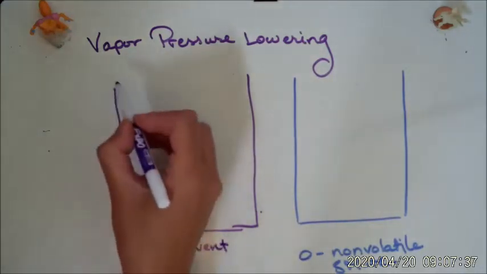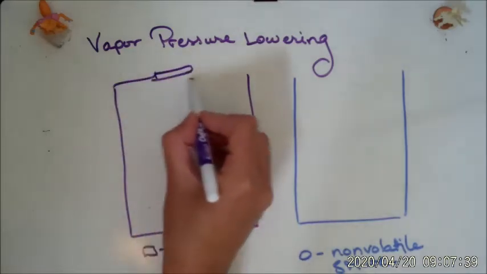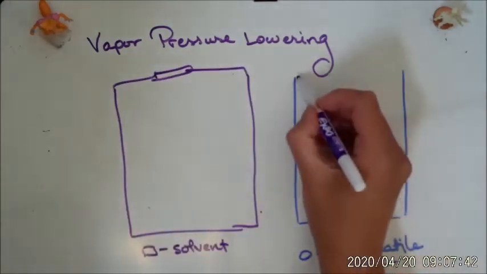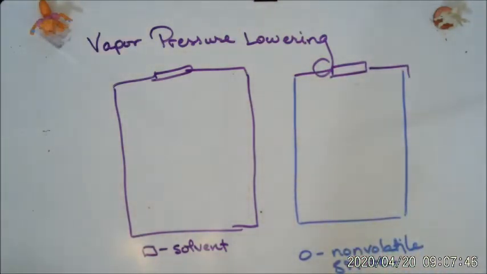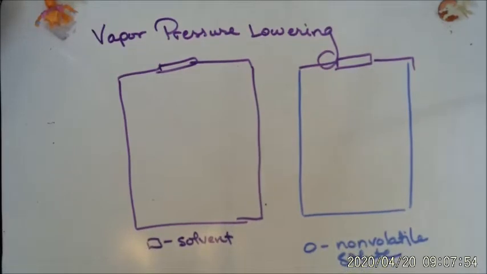Okay, so let's go through. You're going to end up having an equilibrium situation, so you want a closed system. Okay, so let's talk about vapor pressure first in my pure solvent before I start worrying about having a solution with a non-volatile solute. Okay, so why does it lower the pressure?